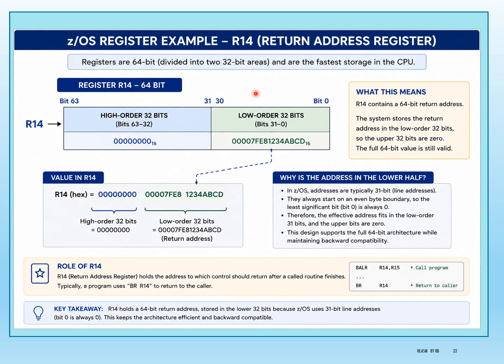Now you will ask a question: if I'm not using bits 32 to 63, why are they there? The reason is evolution. If you look at the z/OS system, it moved from 24-bit to 31 to 64. What is making programs written way back in 1950s, 1960s run in 2026, 2027, 2028 is backward compatibility.